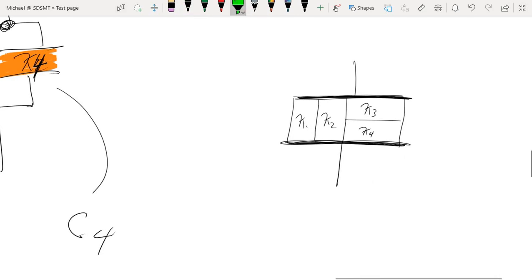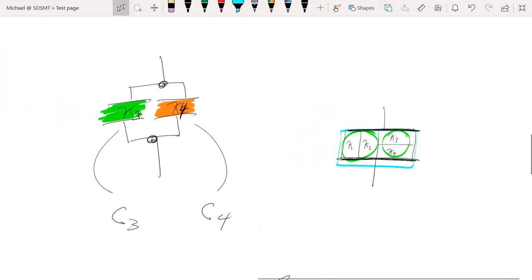You would just have to take it a step at a time, and combine these two in parallel. You could combine these two in series, and then you could take the combination of the two in parallel, and then you would have the equivalent capacitance of that dielectric construct.